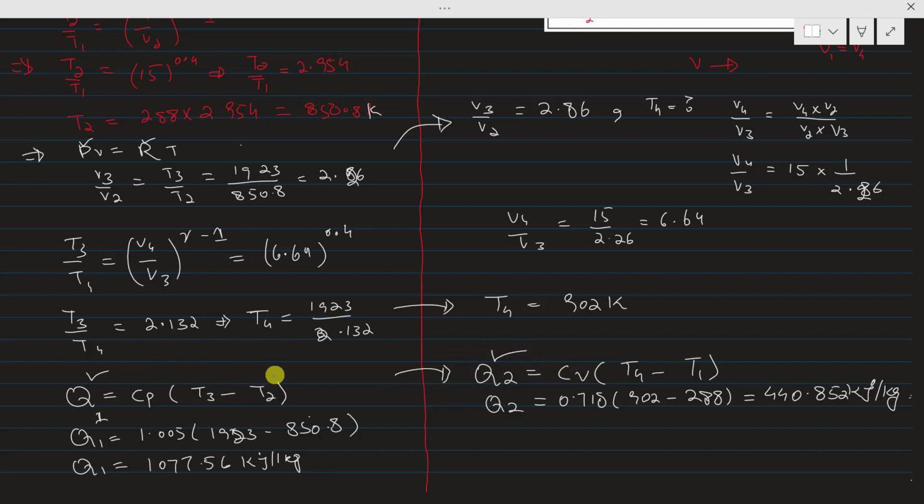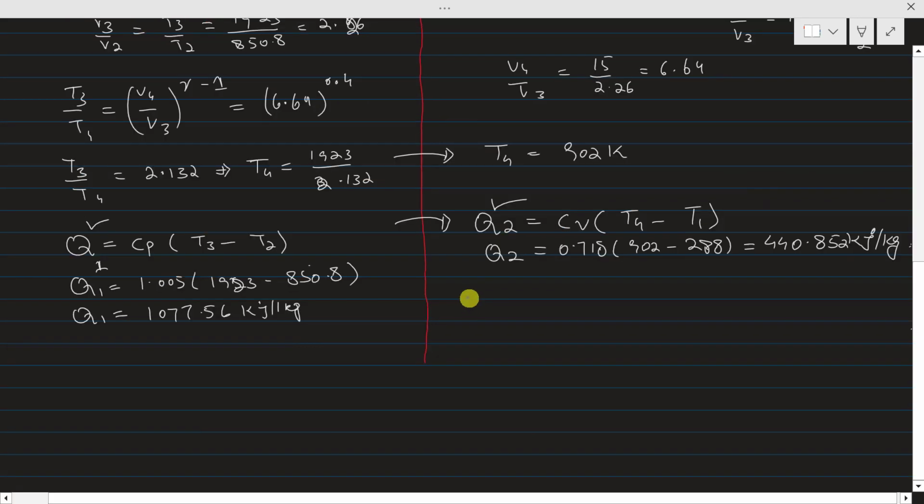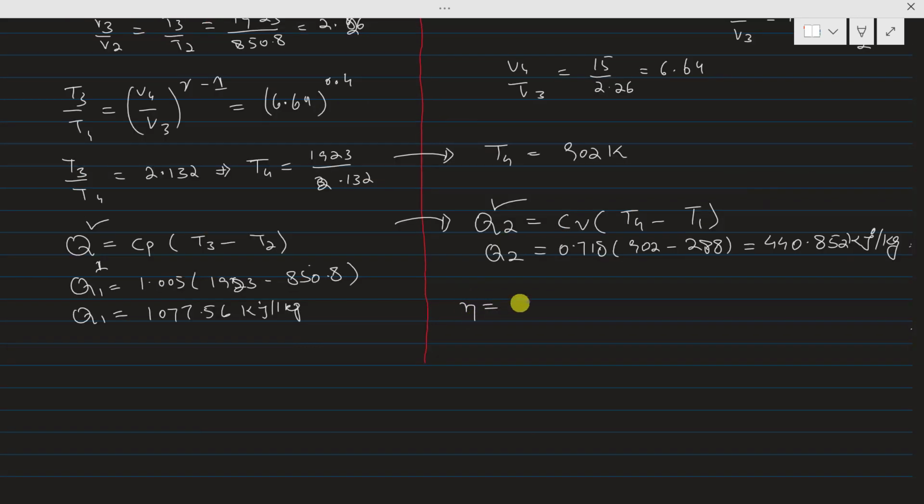So in the diesel cycle, remember, the heat is supplied at a constant pressure and the heat is rejected at a constant volume. So the efficiency is now easy to determine. We know the formula, that is heat supplied minus heat rejected divided by heat supplied.